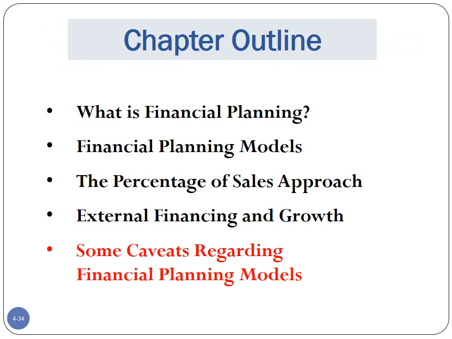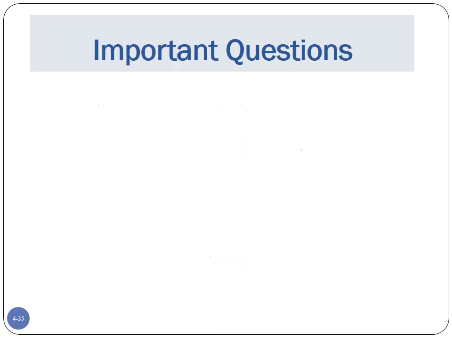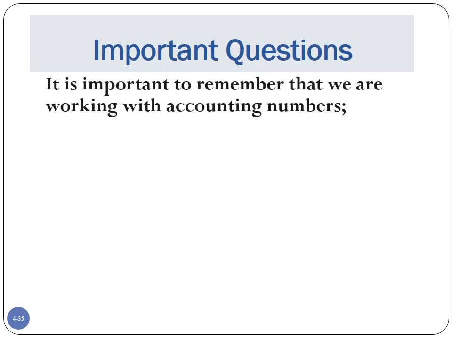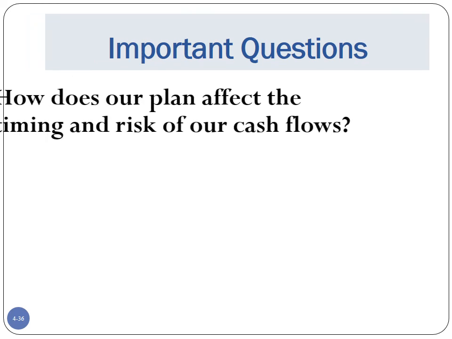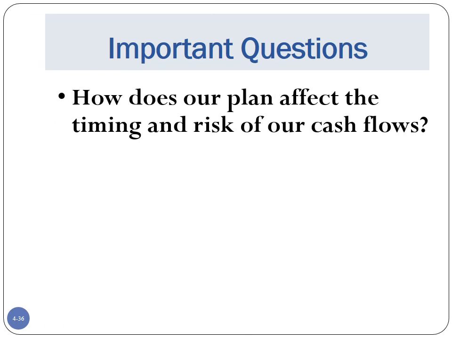So financial planning models are all good and well, but we have some caveats that we need to examine. It's important to remember we're working with accounting numbers, and so we need to ask ourselves some questions through the planning process. How does our plan affect the timing and risk of our cash flows? What is going to change based on our achievement of the plan?